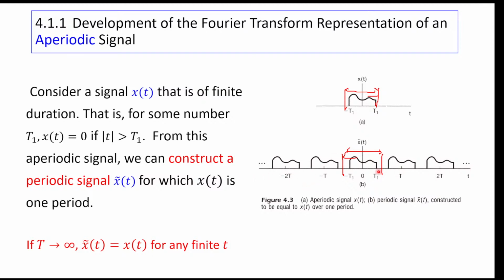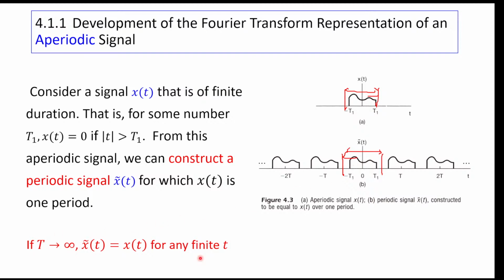Like this way. We can copy and paste this signal to make it periodic. So we repeat it with some period big T, and the finite duration signal is called x of t, and this constructed periodic signal we call x tilde of t. Okay, and so x of t is one period of x tilde of t.